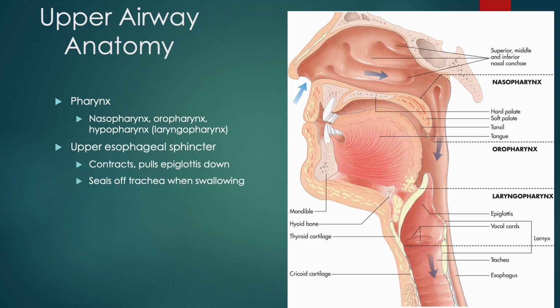Those people with a recessed chin and limited mouth opening, it's going to be hard to get that curved blade in their mouth. A lot of times we go for a straight blade or a video scope. You're assuming they're going to have an anterior airway, so that's going to be your plan A. I already know when I'm going in, this is going to be a little bit difficult.